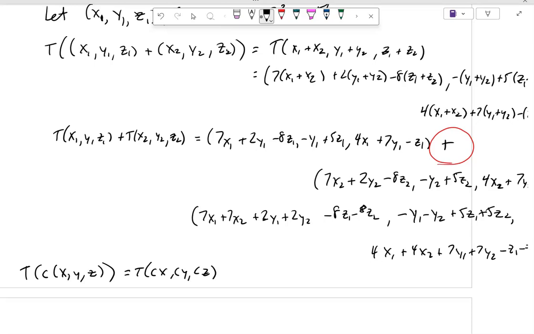I multiply the c through the vector, so I'd have cx, cy, cz that we need to take the transformation of. Now I'm just going to replace the x, the y, and the z with cx, cy, and cz.